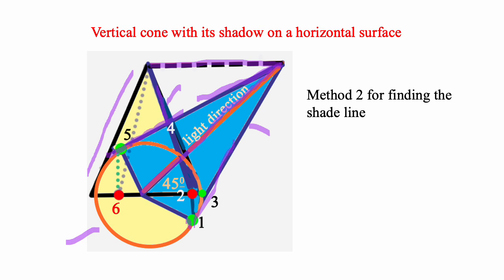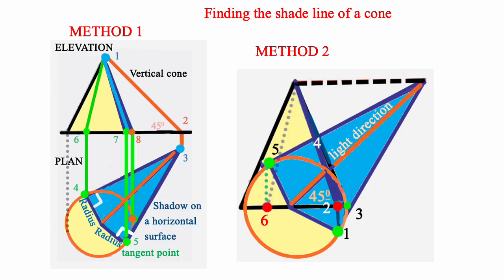Then draw a line from point 1 vertically up to point 2, and that marks the position of this shade line in number 4. Here on number 5, draw a vertical line down to the base of the circle, and this will be the shade line in back.